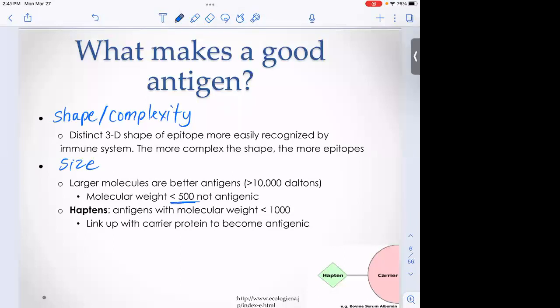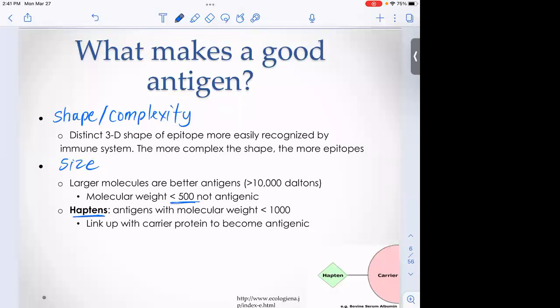If a really small molecule complexes up with a larger molecule, then it can be detected. And we call those molecules haptens. Okay, so that's an antigen that's very small, that complexes with some carrier protein usually in order to get recognized.